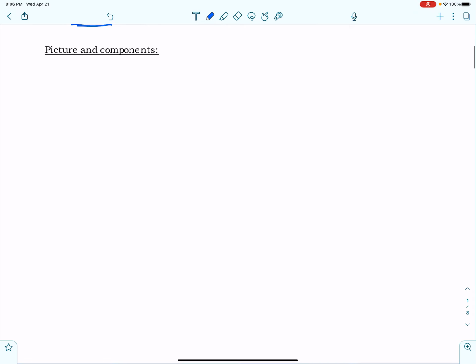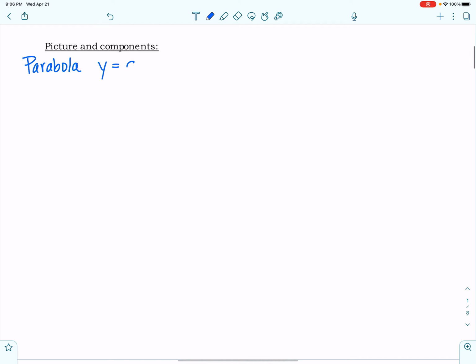Okay, so I'm going to start with the basic form of a parabola. So if I'm looking at this right here, y is equal to a times (x minus h) squared plus k. Okay, so there are some important things you need to recognize here. The first thing you need to recognize is that a, h, and k will always be replaced by actual values.